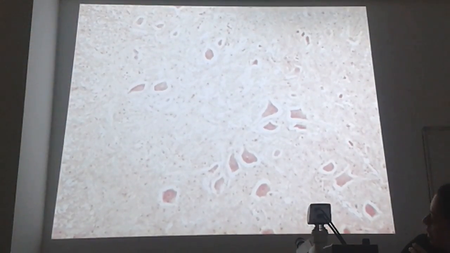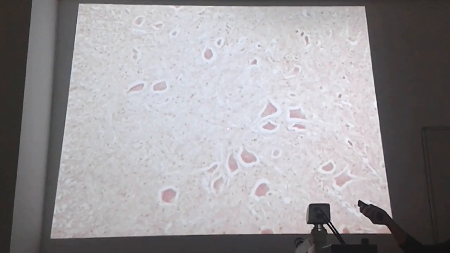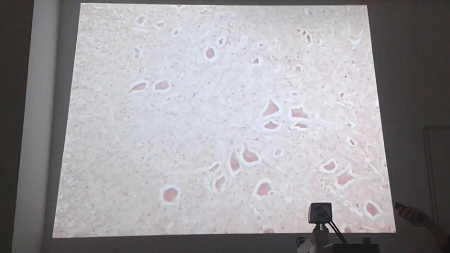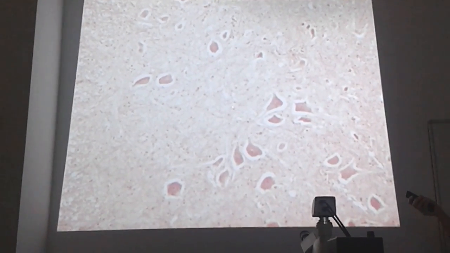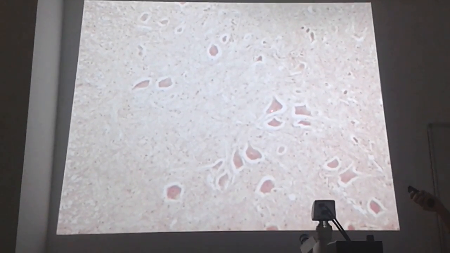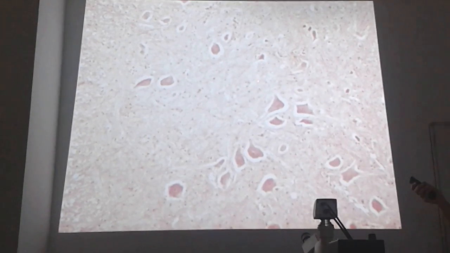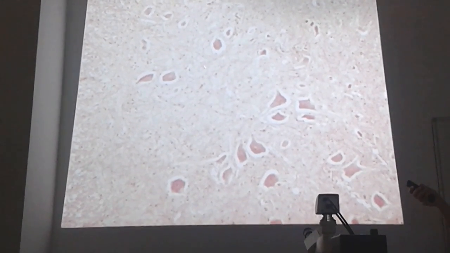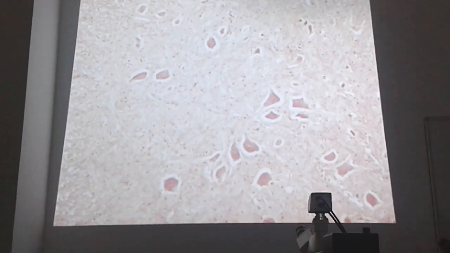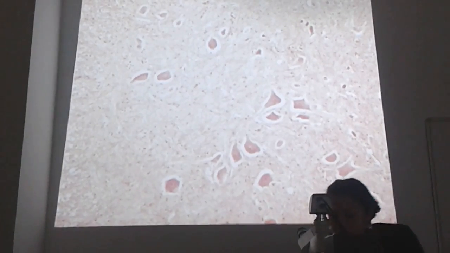Let me put it in a higher magnification. Like this. See all these dots? These are glial cell nucleus, okay, and these are all motor neurons. And of course, these white areas all consist of dendrites and axons.